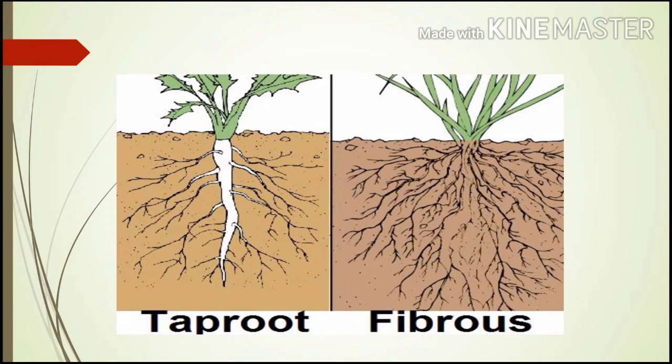This kind of root is known as taproot. The other plant has roots coming together like a cluster or group. This kind of root is called fibrous root. Let's know more about taproot and fibrous root by this video.